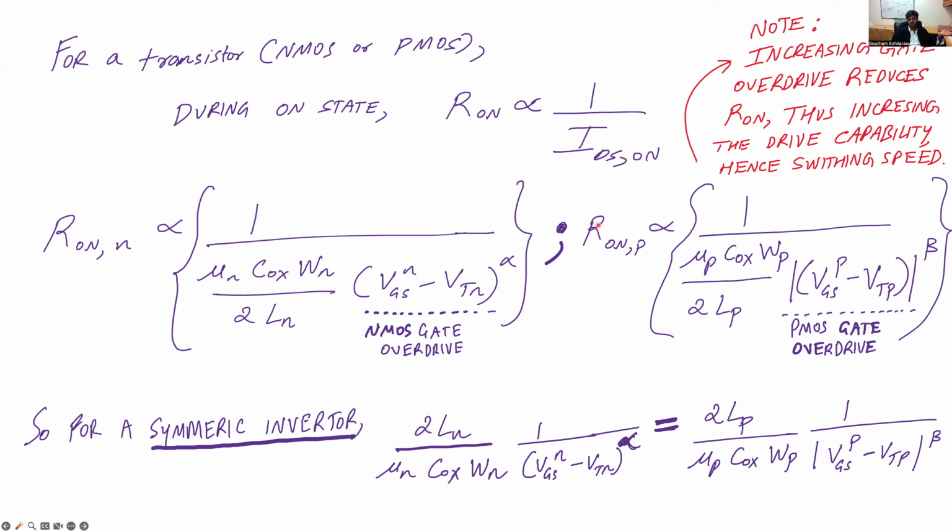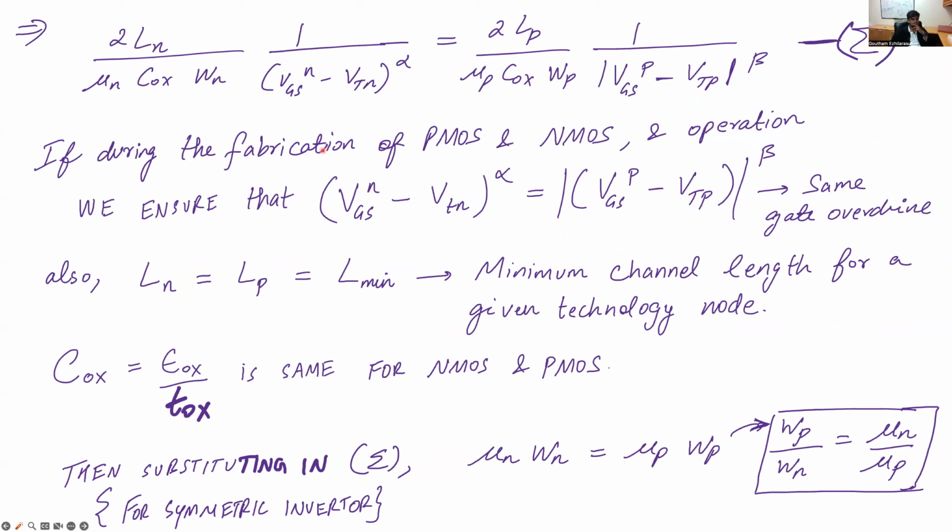Similarly, the on resistance of the PMOS is proportional to 1 over mu p, the mobility of the holes, Cox, width of the PMOS over 2 times the length of the channel of the PMOS times the gate overdrive of the PMOS. Therefore, for a symmetric inverter, because they have to have the same on resistance for the NMOS and PMOS, it's equivalent to saying that these two expressions are equal to each other.